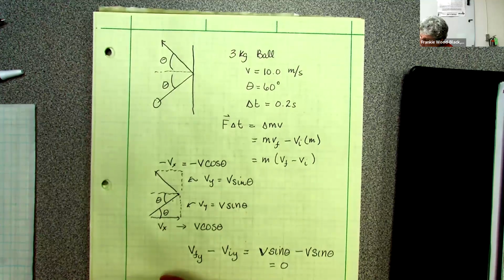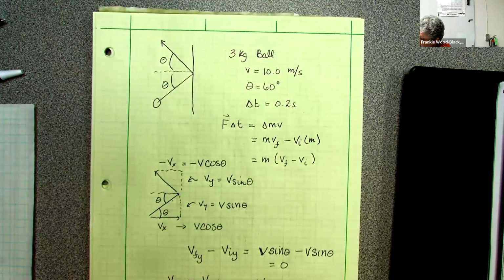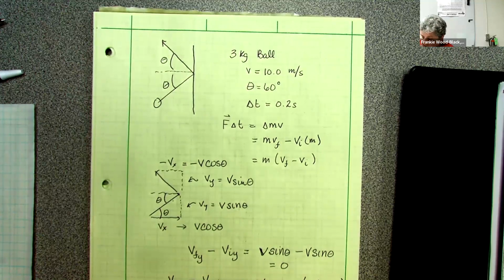My velocity in the x direction final minus my velocity in the x direction initial is going to be V cosine theta minus a minus V cosine theta, and I'm going to get a positive 2V cosine theta.